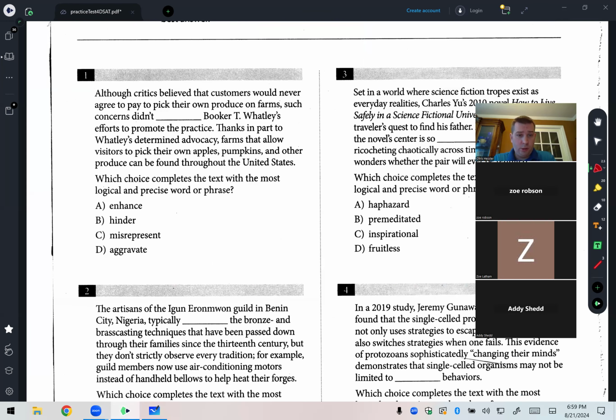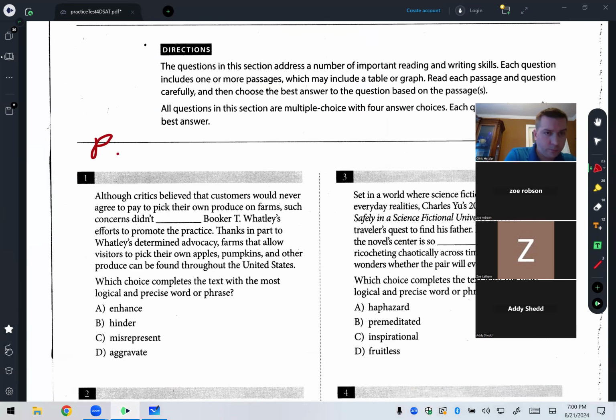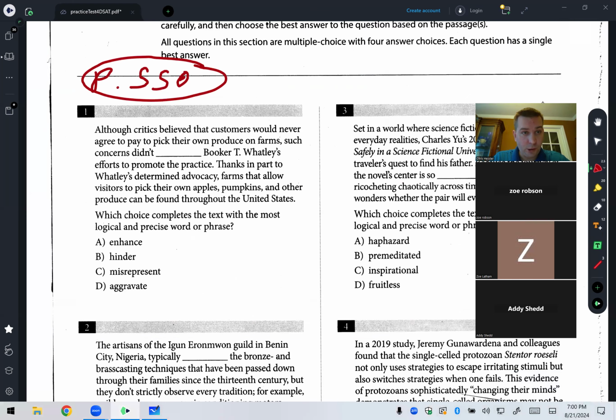Okay, so this is just from the blue book, page 550. Make a note of that here. I know it's kind of hard to write on this tablet, so bear with me. Okay, so the test goes easy to hard.